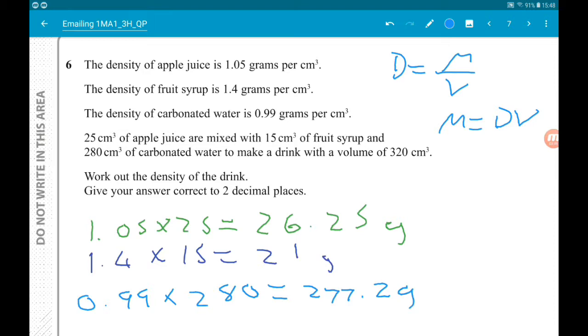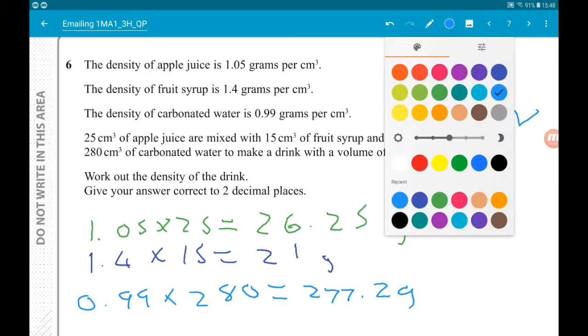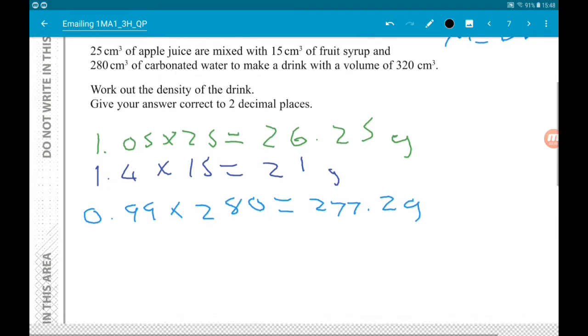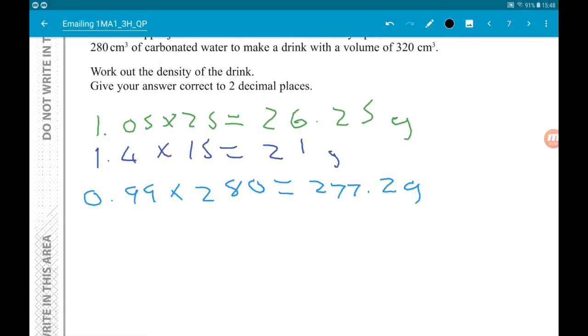Okay. From this, we can now work out the total mass. So add those three together and you should get 324.45.